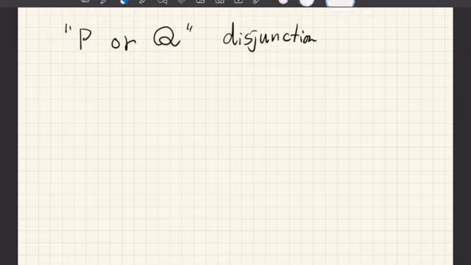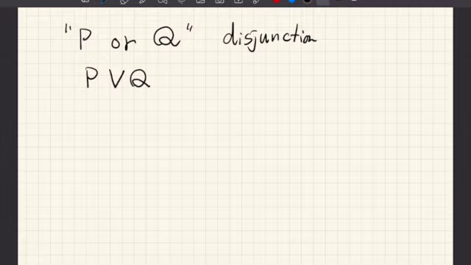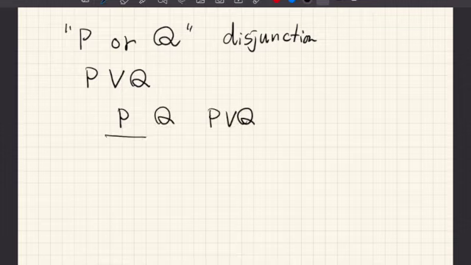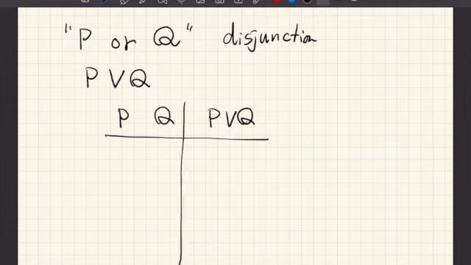And we write this as P, this symbol, Q. So when P is true and Q is true, what's the value of P or Q, is it true or false? And this is again defined by a truth table. So this is the definition.